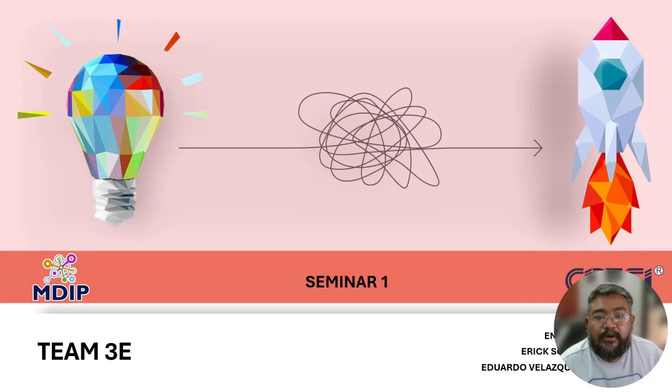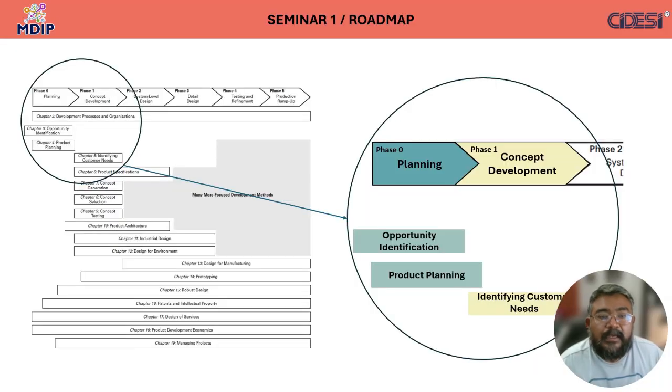In this video, we will show the progress of our thesis project in Seminar 1. It is important to emphasize that we are following the methodology described in the book Product Design and Development by Ulrich and Eppinger. In the image on the left, we see the roadmap developed in the book.